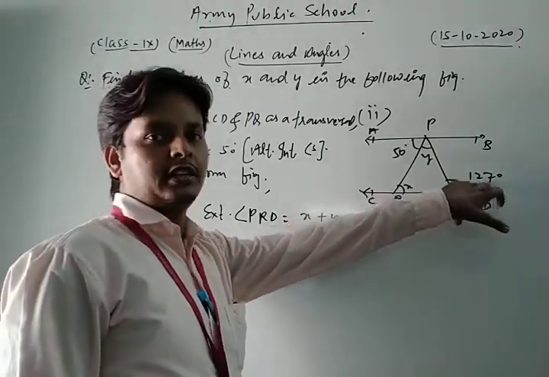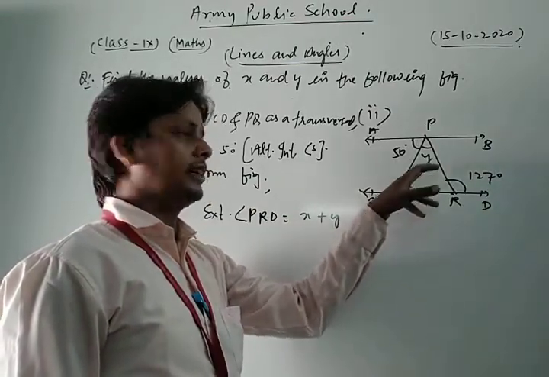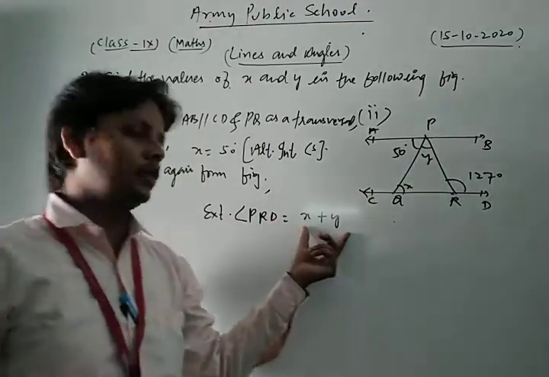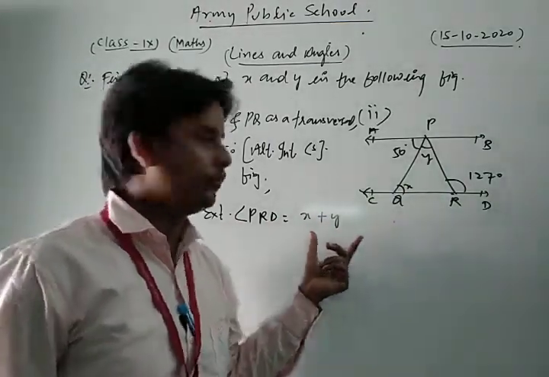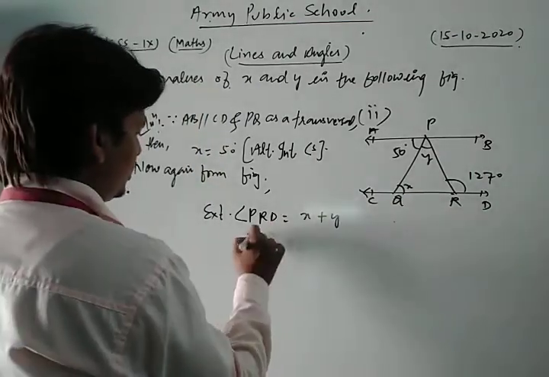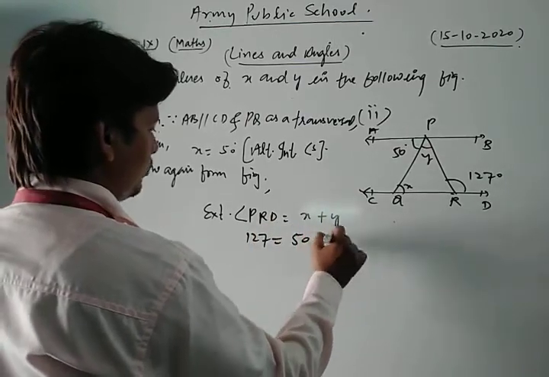Corresponding to that angle, the two opposite interior angles are x and y. Now we put the values: angle PRD is 127, equal to x, which is 50, plus y.